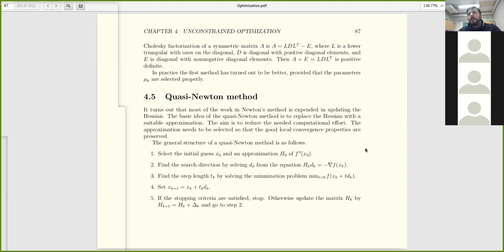You can think of it this way as well. So at all points when we find a new iteration xk, we're going to update the matrix hk by some delta k. And this capital delta in step 5, before we stop, is what we need to discuss next.